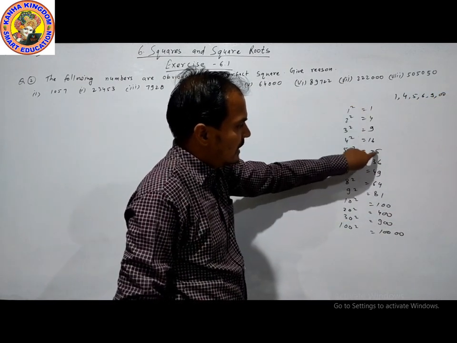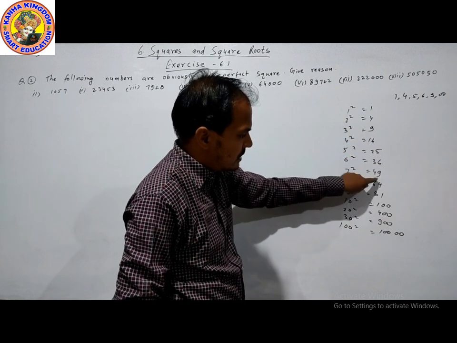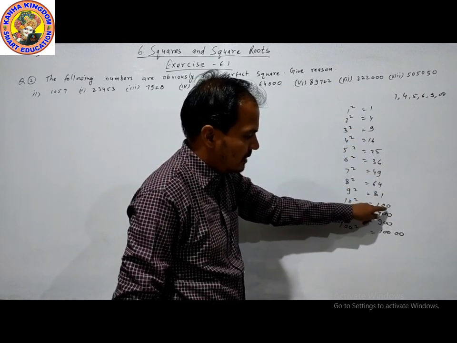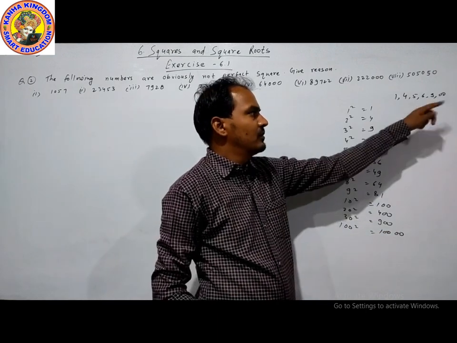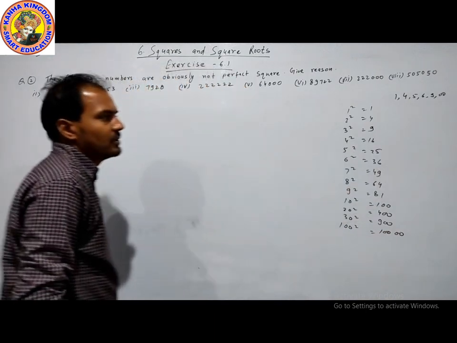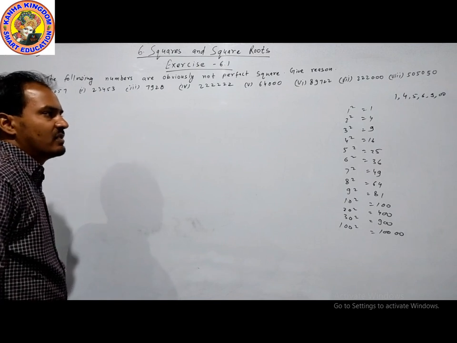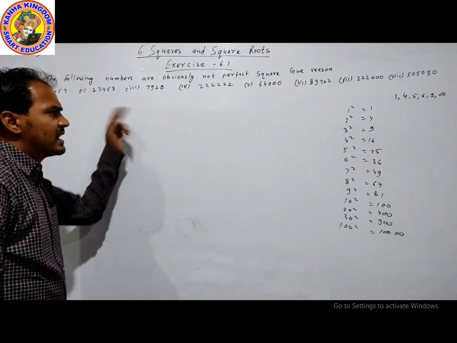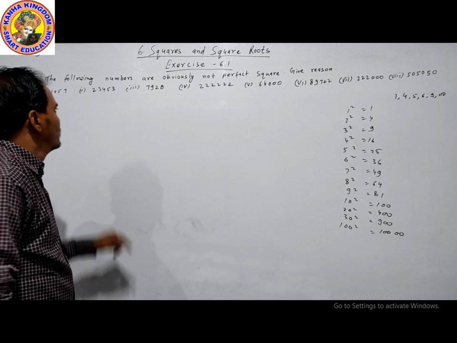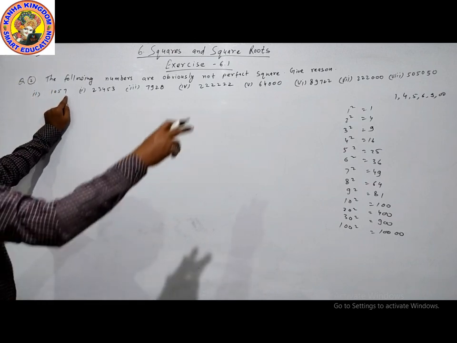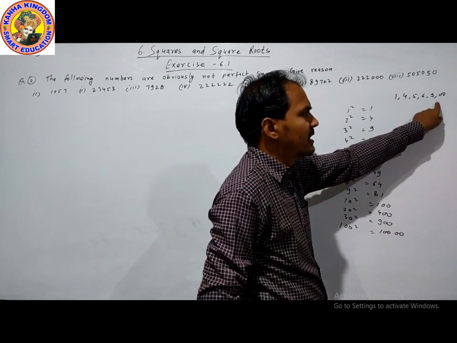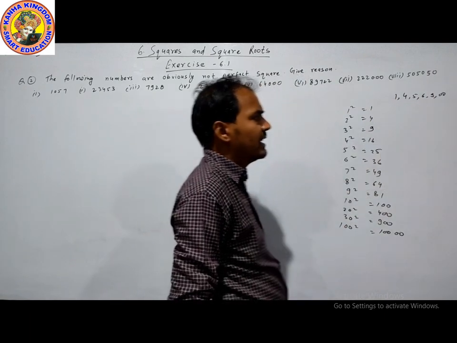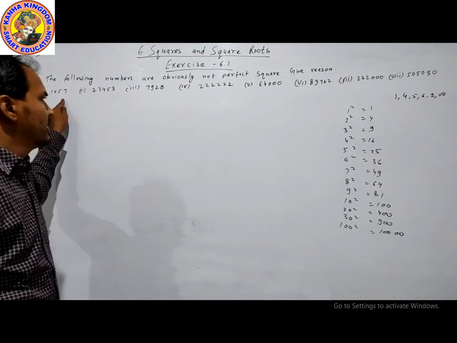These are the unit digits of any perfect square number. This is not a perfect square number because the unit digit is 7. In square numbers the unit digit is one of these, so 7 is not here, so this is not a square number.